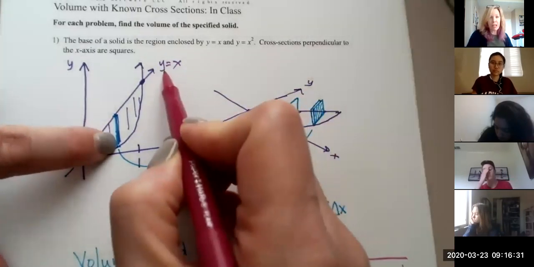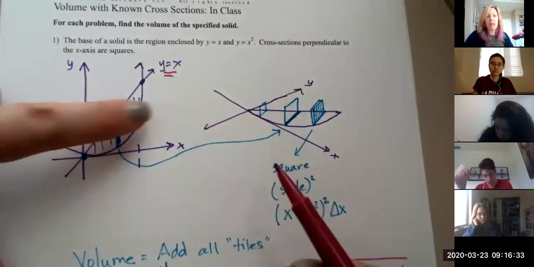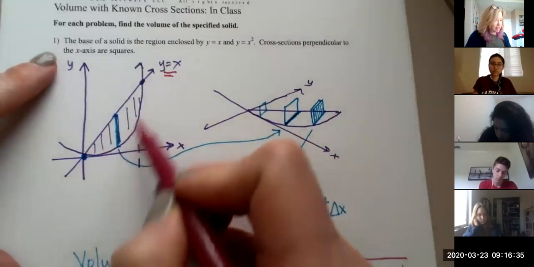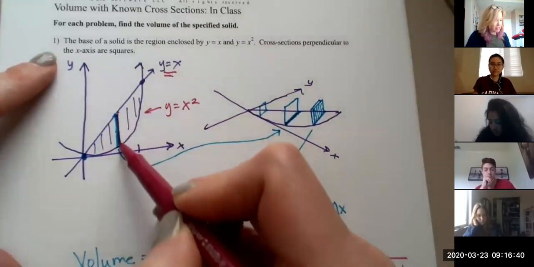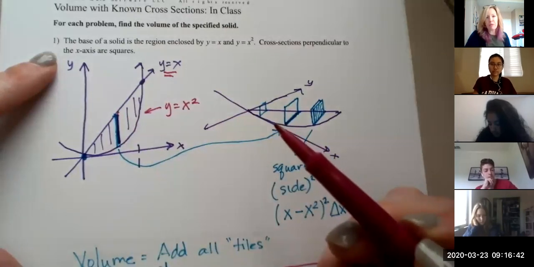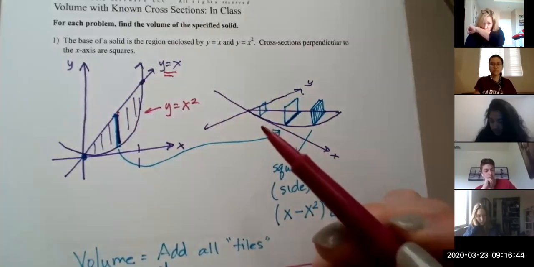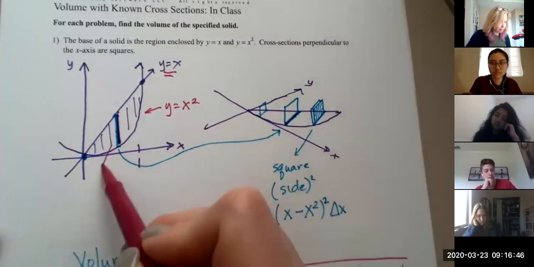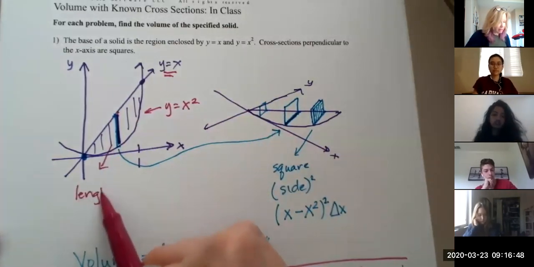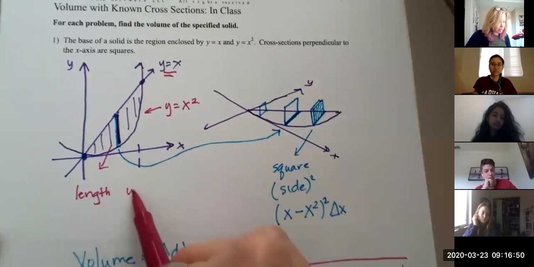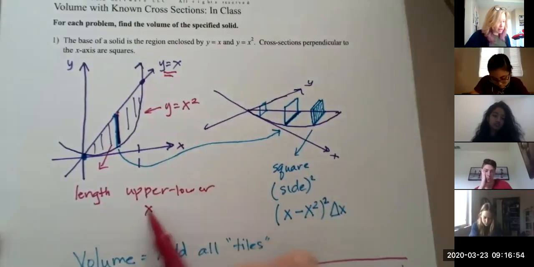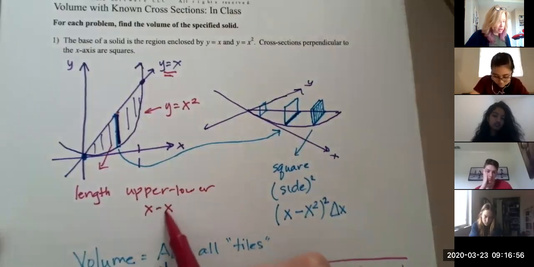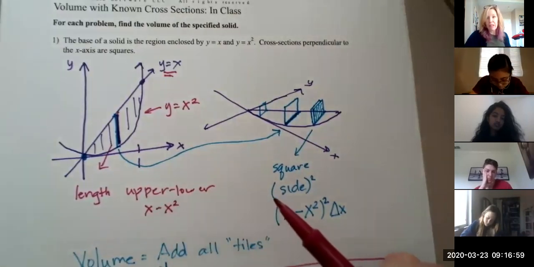This upper curve was formed from the line y equals x, and the lower curve down here is the line y equals x squared. So the distance between those two lines is the difference between those two. So the length of that blue line is just the distance from the upper curve minus the lower curve. And so the upper curve was just the line x, the lower curve is x squared. So that's the length of that blue line.